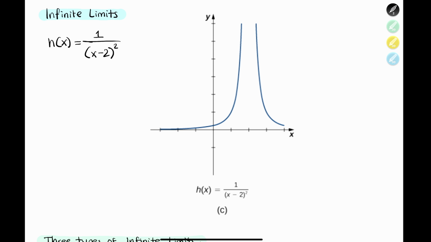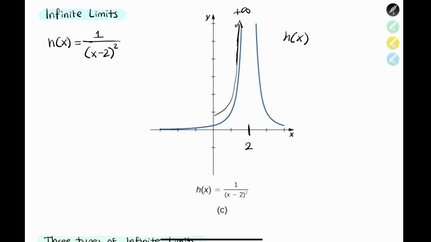Now let's take a look at infinite limits. So let's take a look at h of x, which is equal to 1 over the quantity of x minus 2 squared. And so this is the graph of h of x. And as we can see, as x approaches 2 from the left-hand side, we're going all the way up and up, all the way to positive infinity.